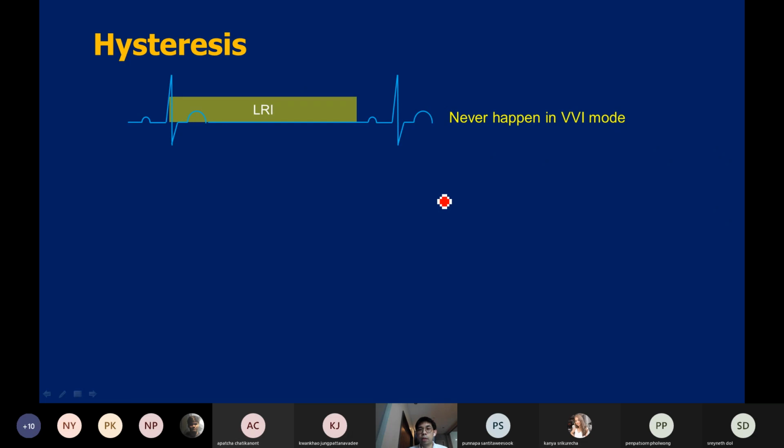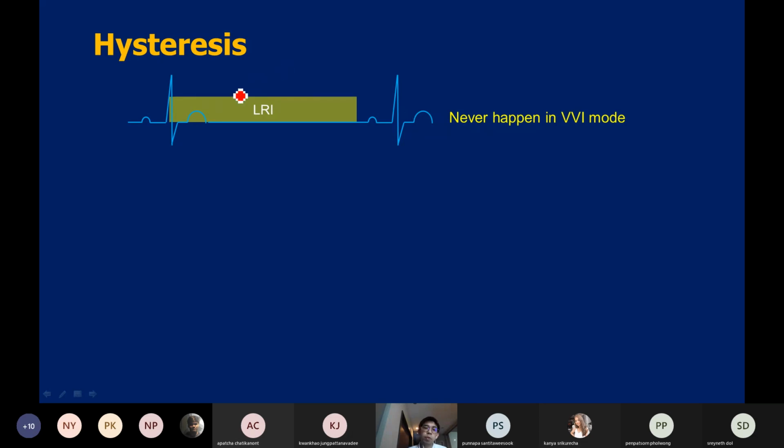What could happen in this pacemaker, assuming it is a VVI? Can you answer me? Okay. If you see this event, you have to differentially diagnose two things. One is whether there is any problem with the pacemaker.